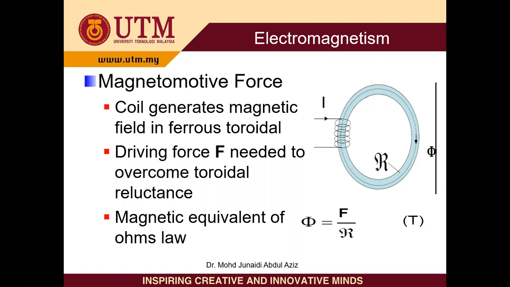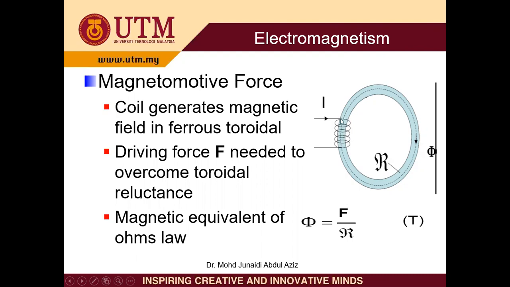In the previous video, we have already introduced flux, reluctance, and also the magnetic force, or MMF. In this magnetic circuit, the magnetic force is produced by winding a copper coil around a material and making sure that current flows inside the coil, so it will produce the force.